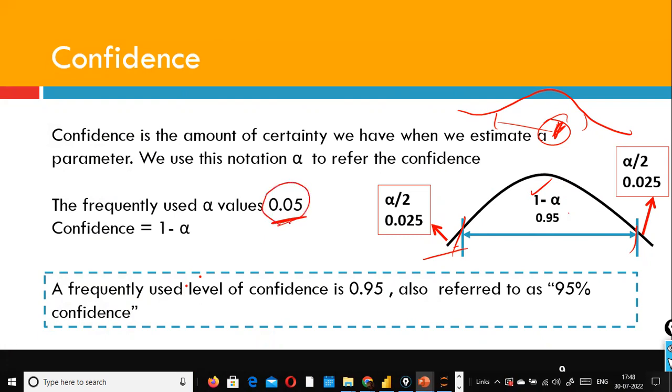Most of the time in statistics, researchers choose the value for alpha as 0.05. What is alpha? Alpha is the level of significance. So 1 minus alpha, where alpha is 0.05, is going to be 0.95, which is nothing but 95% confidence.